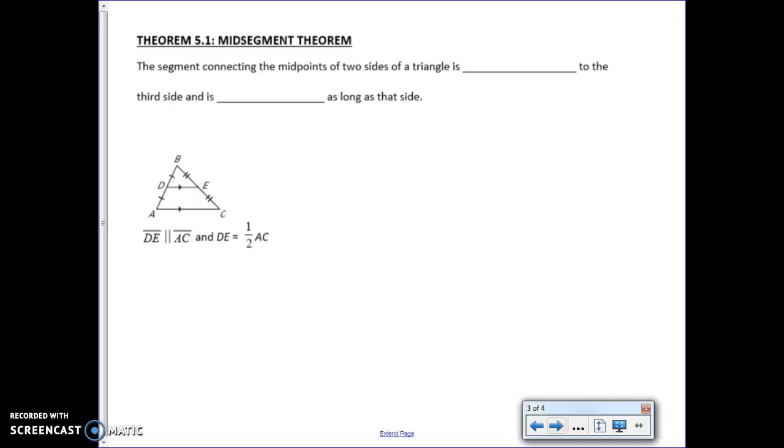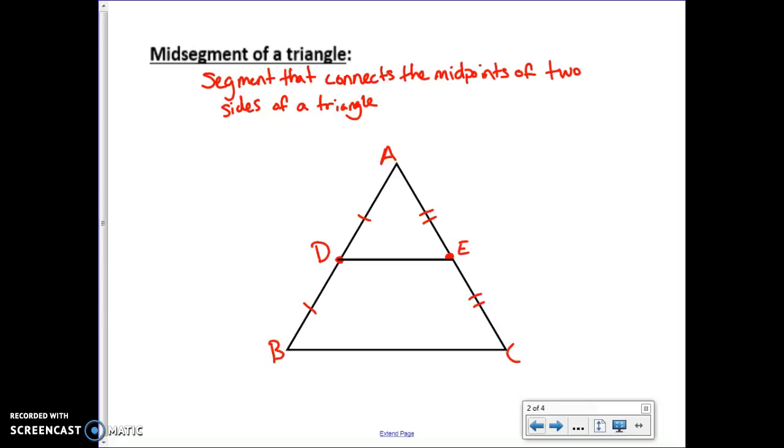So the mid-segment is parallel to the third side. Another cool thing about the mid-segment is that it's half as long as that third side. So if I go back to this picture, I can see that DE is parallel to BC.